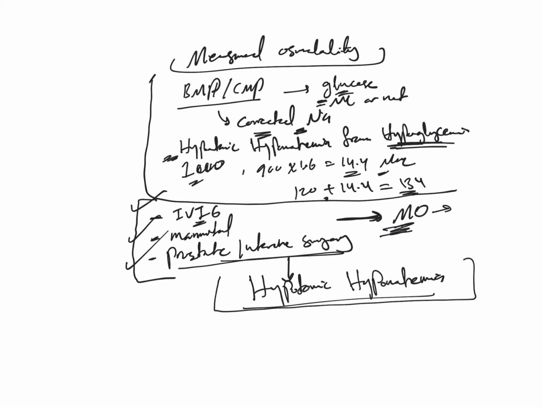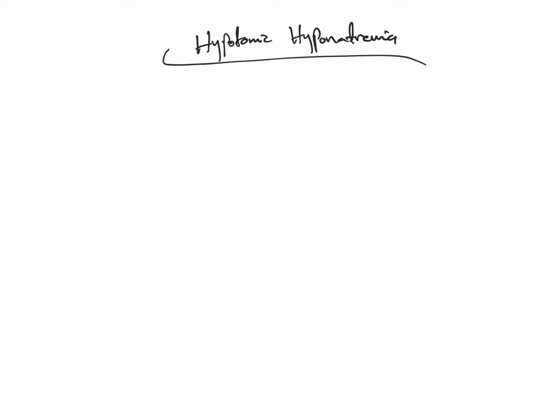So let's open a new page here. Okay, now hypotonic hyponatremia, which is the most common problem we're going to encounter. We said we reached here after we said it's not pseudo hyponatremia as we talked, and it's not hypertonic hyponatremia based on measured osmolality, corrected for BUN as we said, and ethanol if needed.